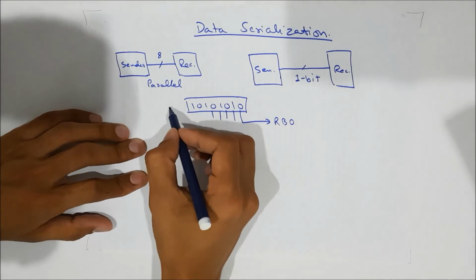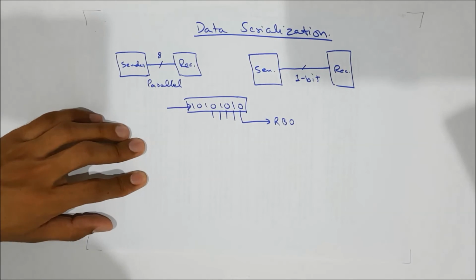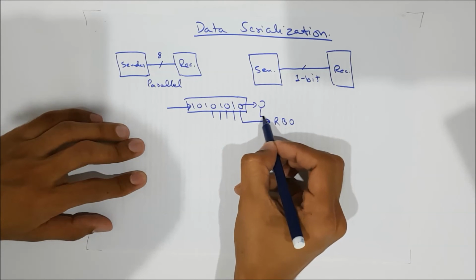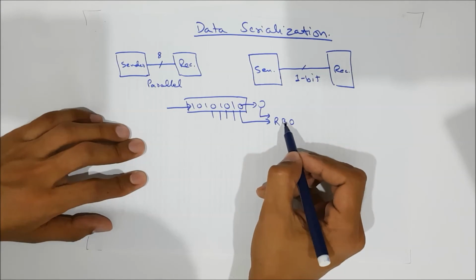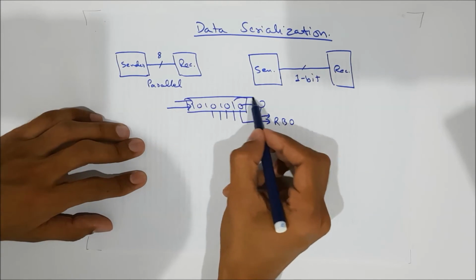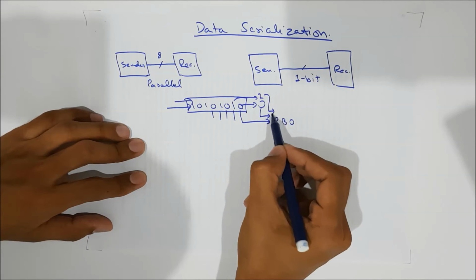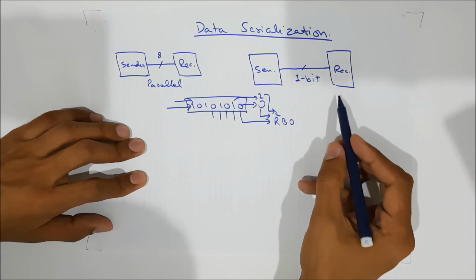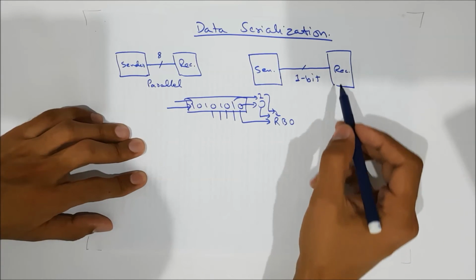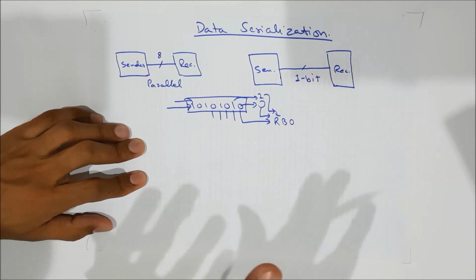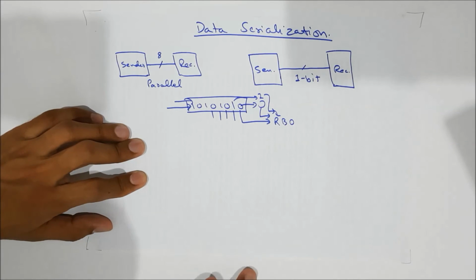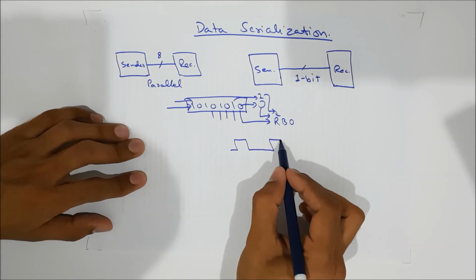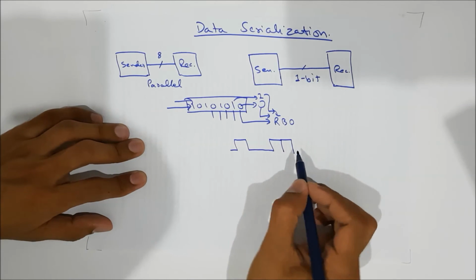For example, if we just rotate it, this 0 will pop out and we send this 0 on RB0. Then rotate it again, so the 1 will pop out and we send that 1 to RB0. And similarly, keep checking the transitions on the receiver side. It will transfer the data like this.